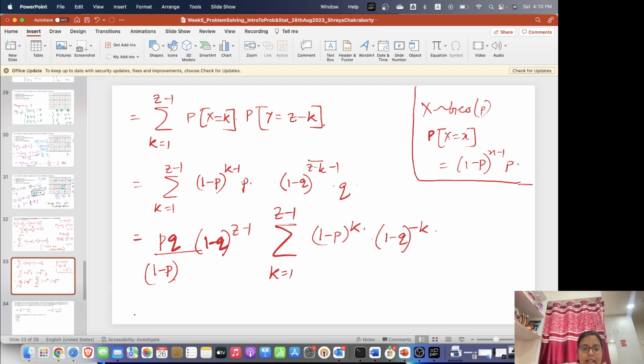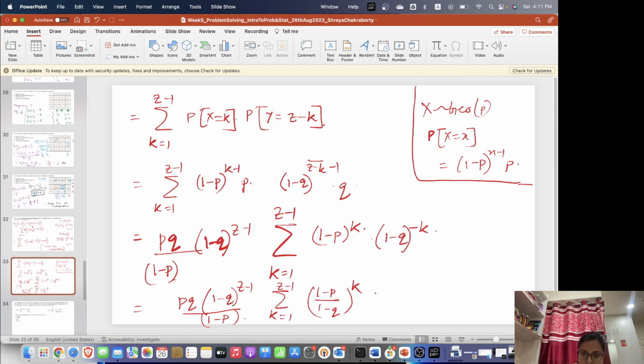So we can write this as pq 1 minus q to the power z minus 1 by 1 minus p into summation k equal to 1 to z minus 1, 1 minus p by 1 minus q to the power k.